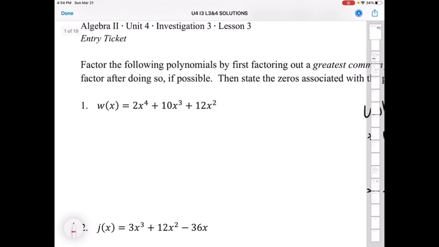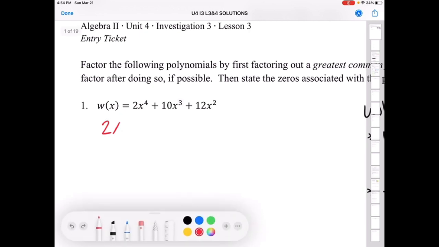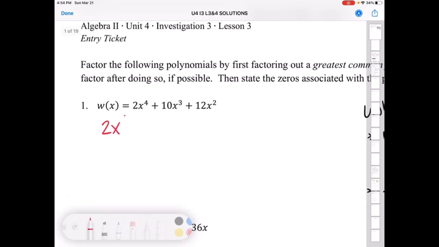So here we can first take out 2x squared, because every single one of these terms can be divided by 2x to the second.